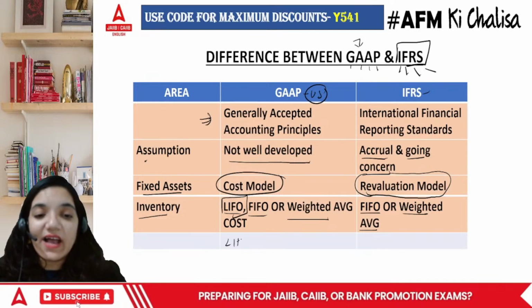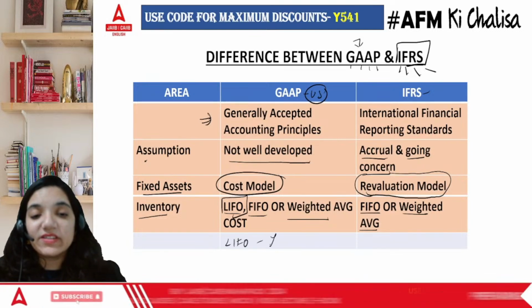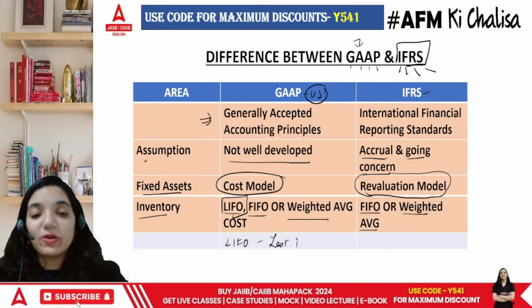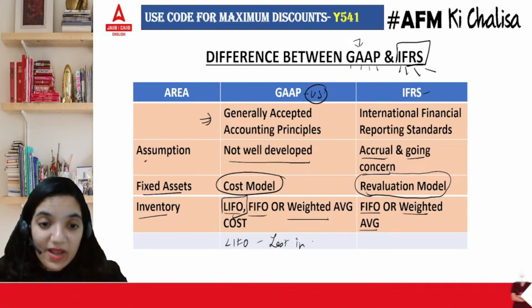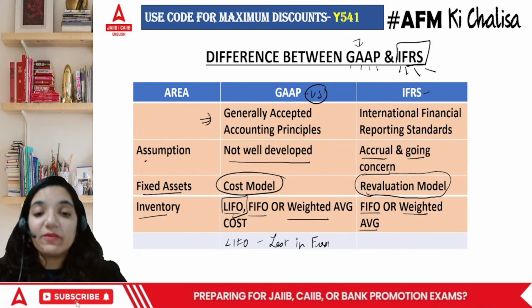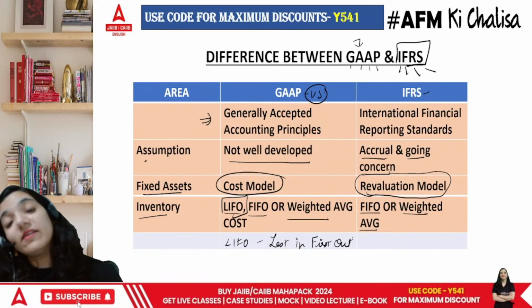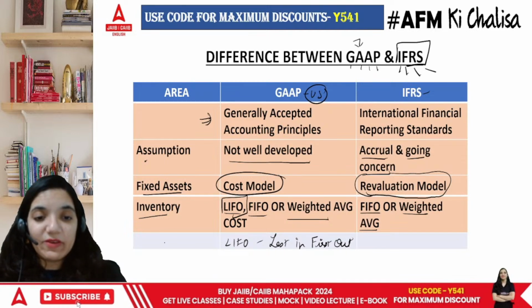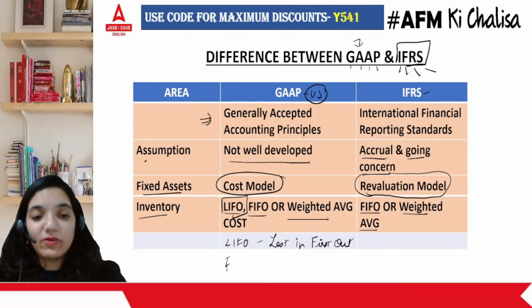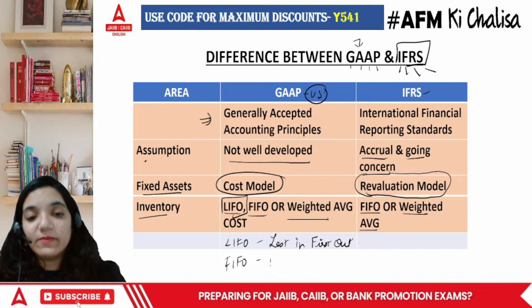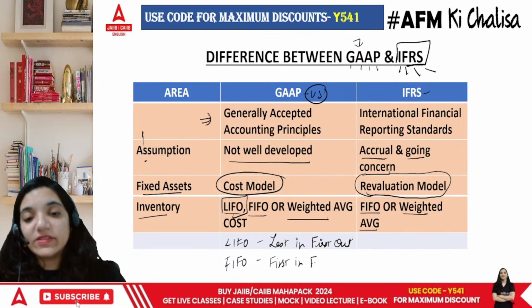LIFO is last in, first out. The stock that came last would go out first, which means the one which was bought first would remain till the end. And FIFO is first in, first out.